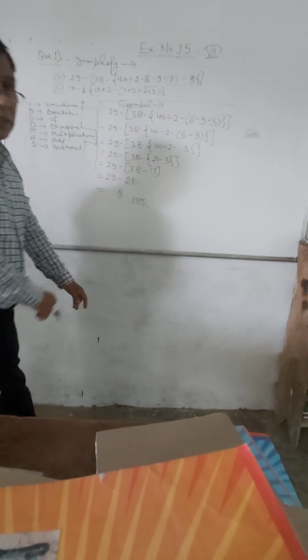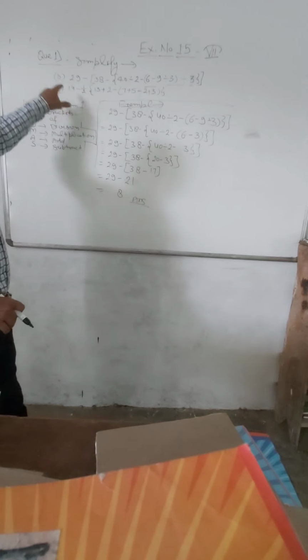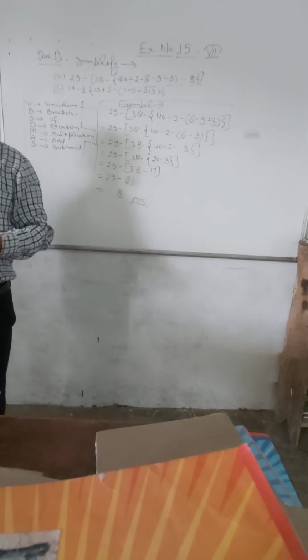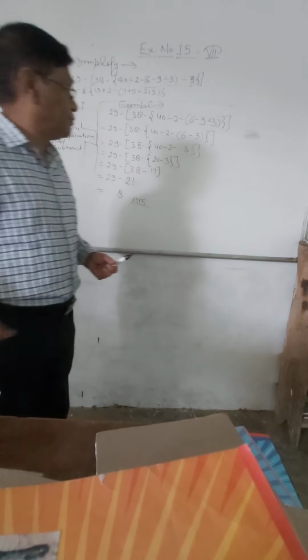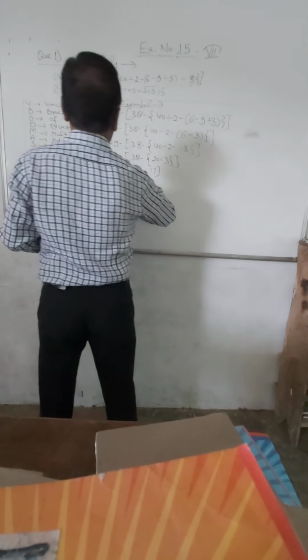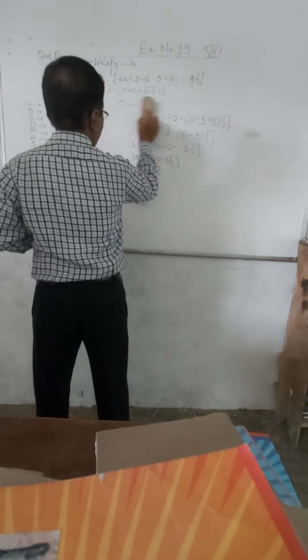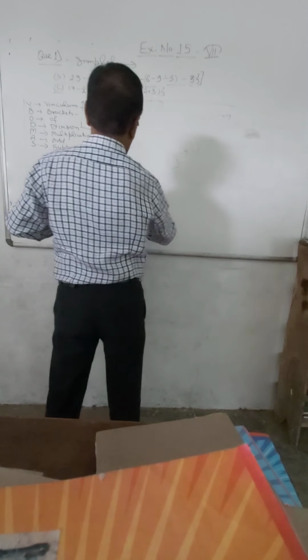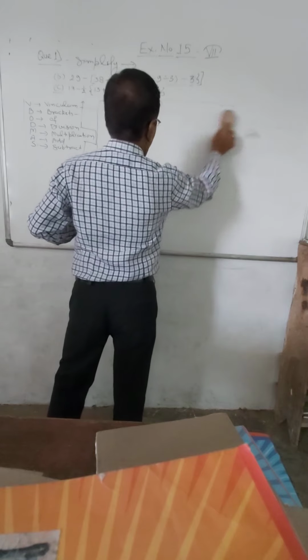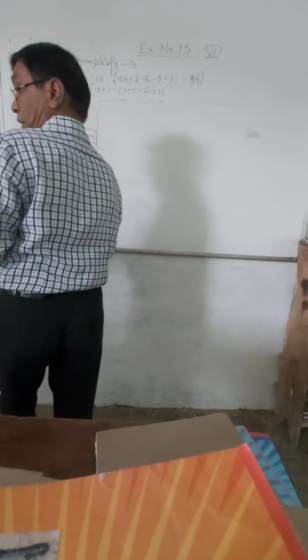Now accordingly, see in the book, question number B is given. So we will start solving question number B. Again write the next problem which is given in the book, 1B question. So write the question.